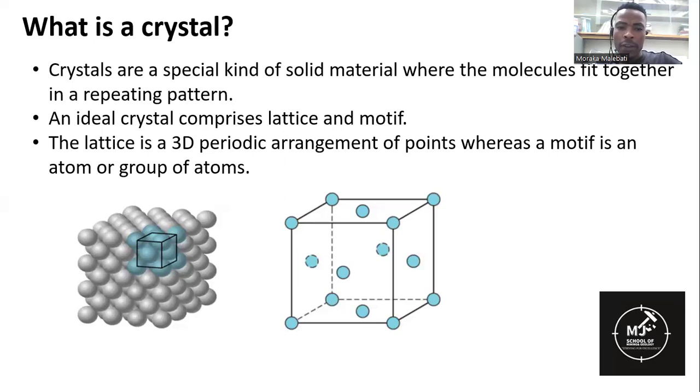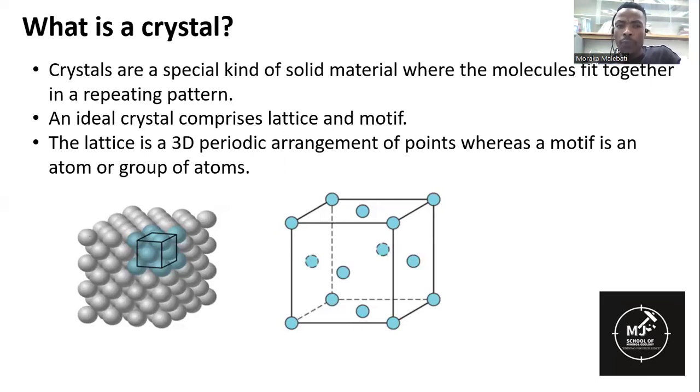Now, if you were to remove the actual atoms, and then put some points or some dots, we create what you call the lattice. So an ideal crystal, the imaginary crystal, comprises lattice and motifs.